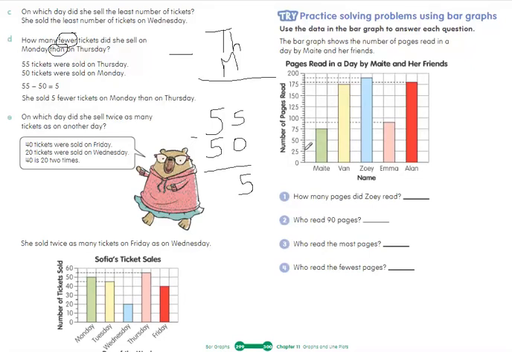So each one of these little dashes is counting by 5. The big dashes are counting by 25. So if we go across, it's on the second dash. So we have 175, 180, 185, 190. So how many pages did Zoe read? She read 190.